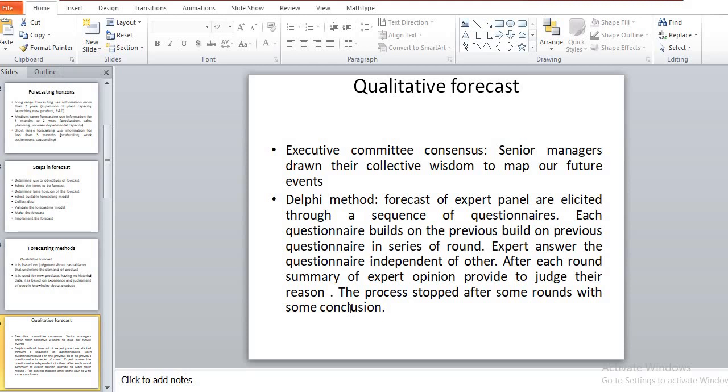Each questionnaire we can consider as one round: the first questionnaire is the first round, the next is the second round, like that.